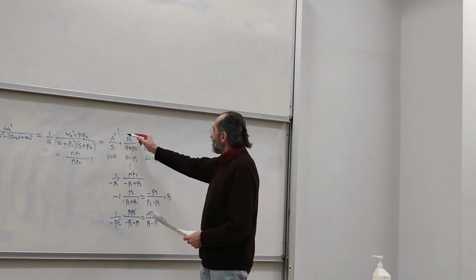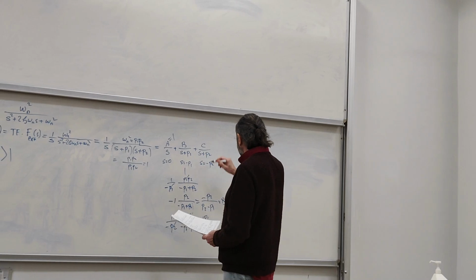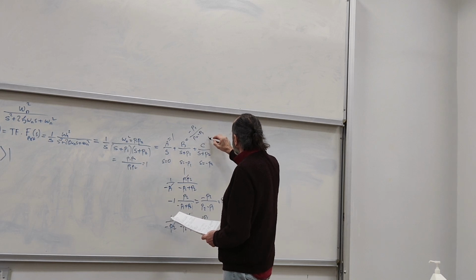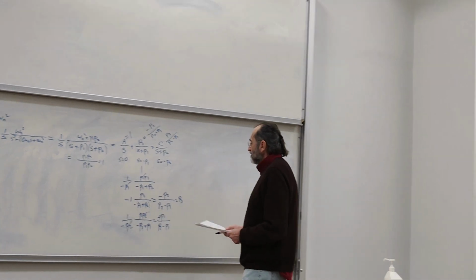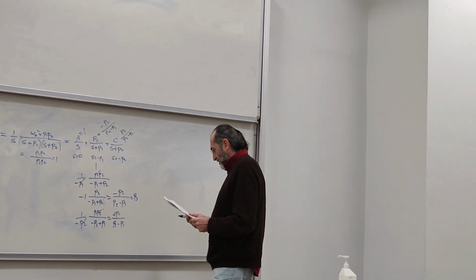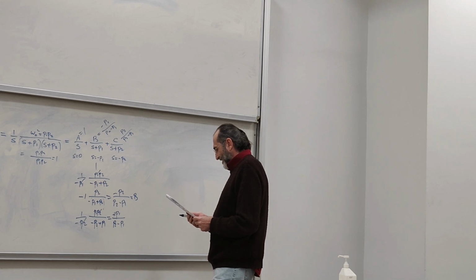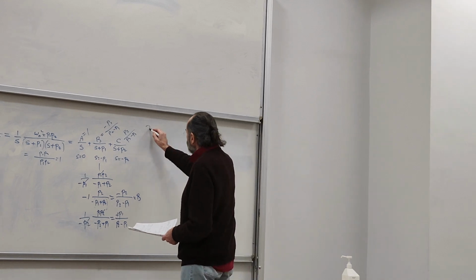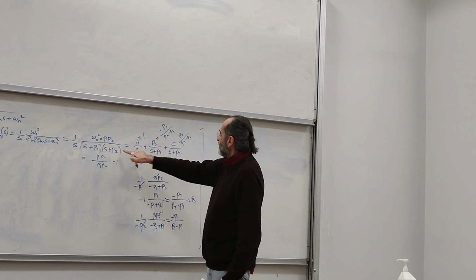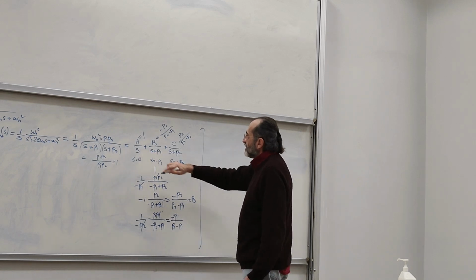So we have A is equal to that, B is equal to minus P2 divided by P2 minus P1, and this is equal to P2 divided by P2 minus P1. Right, so now my thing turns into what?